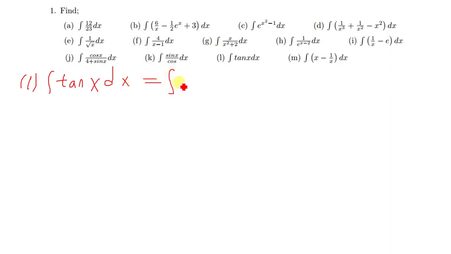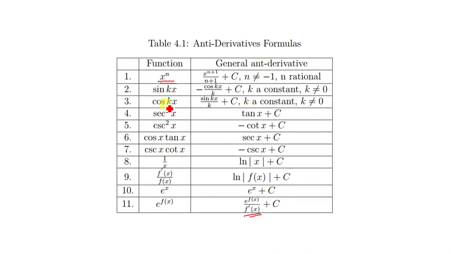We know that tan x can also be written as sine x over cos x, dx. But I'm sure you guys can see that this is just what I just solved here. It's just this part here. So meaning the way I solved the previous question k is the way you solve this one.